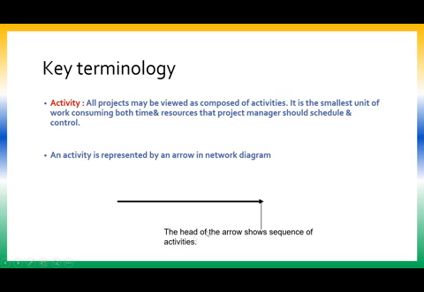The head of the arrow shows the sequence of the activities, the direction of flow, which activity happens in which direction. The arrow or the direction shows the logical ordering of the activities.